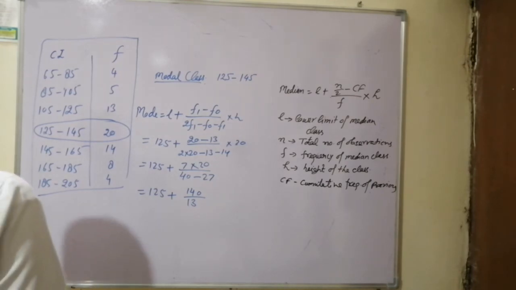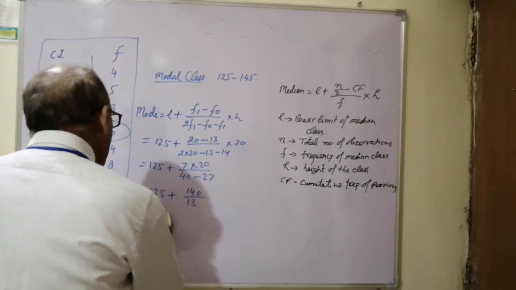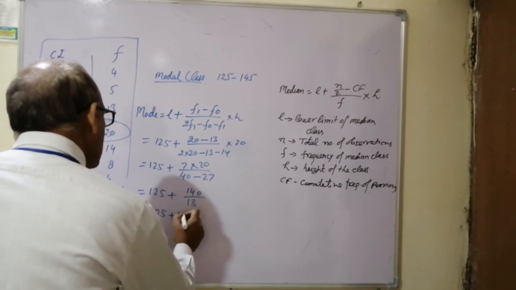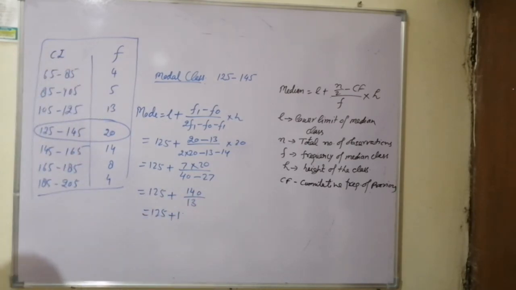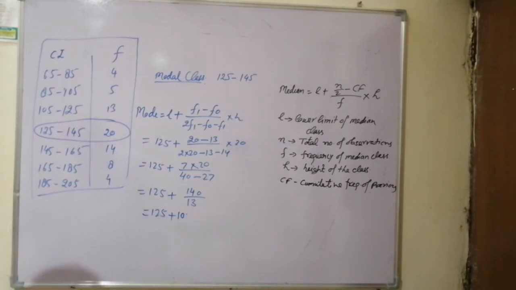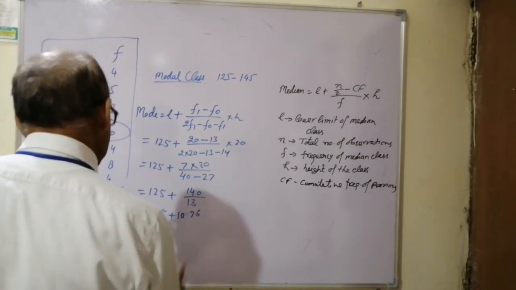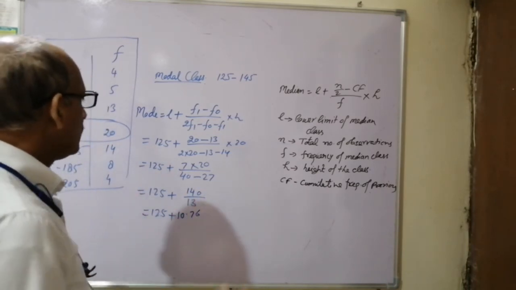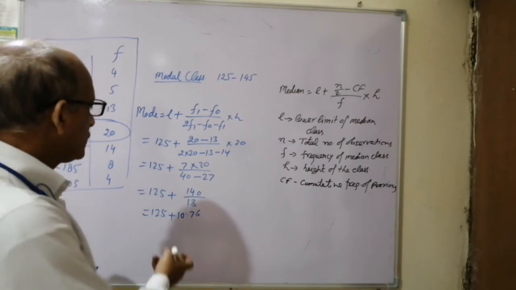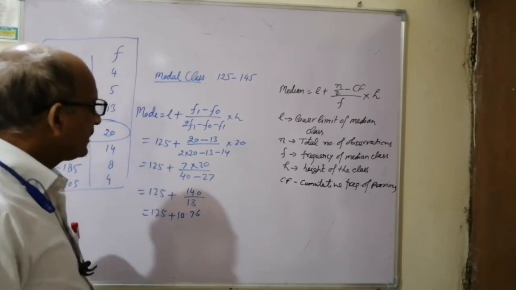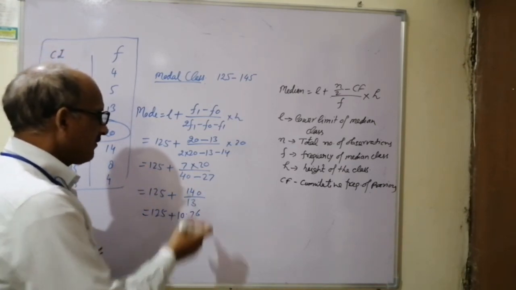So we are getting 125 plus 140 divided by 13. Dividing 140 by 13, 13 times 10 is 130, leaving 10, then adding a zero, 13 times 7 is 91, leaving 9, then 90, 13 times 6 is 78.